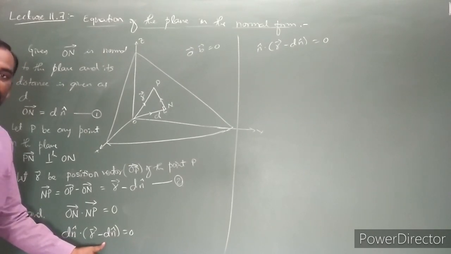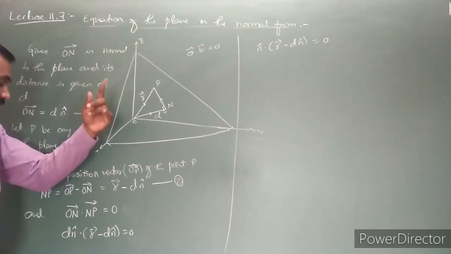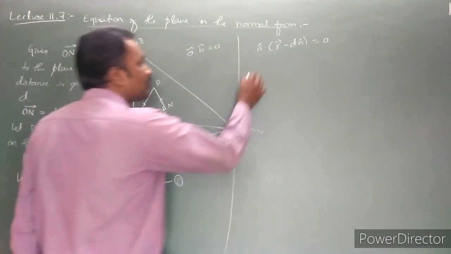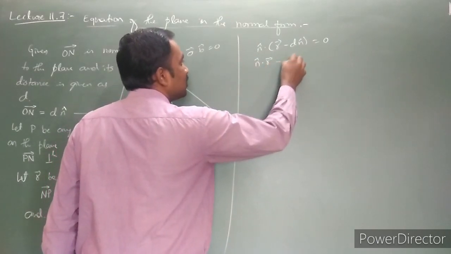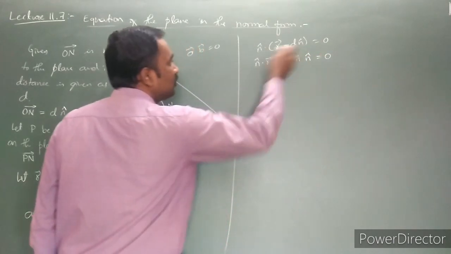The dot product of two vectors is again a scalar quantity. So dividing through by d, n cap dot r minus d into n cap is left. Next, simplify: n cap dot r bar minus d into n cap dot n cap is equal to 0.